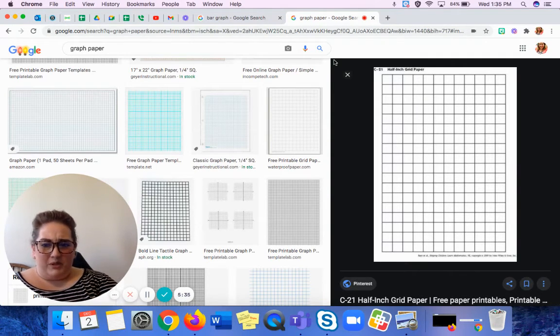With graph paper, you can do almost anything. I have friends that use graph paper for notebook paper, and that's how they take notes. Personally, I think they're crazy because I, for one, hate writing on graph paper unless I'm graphing something, like creating a line graph. Okay, but with this graph paper, you can do a line graph, a bar graph.